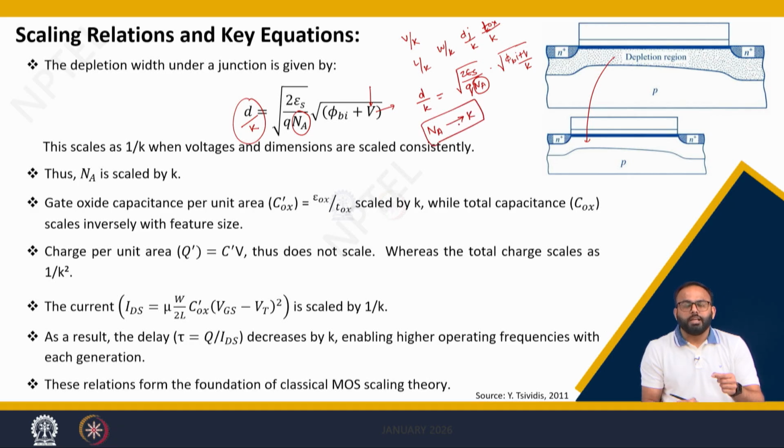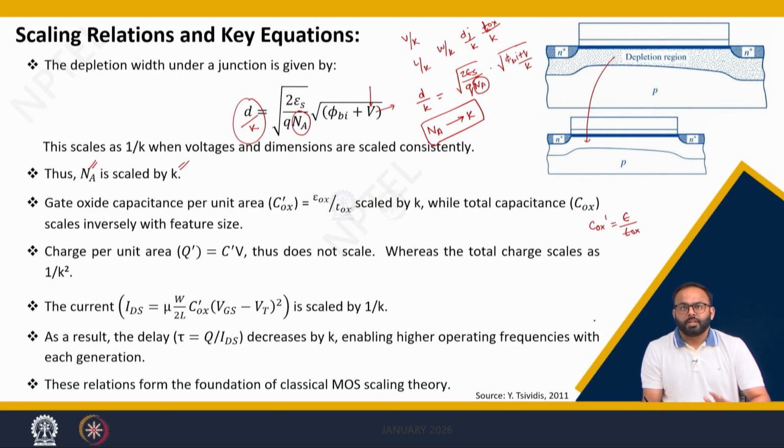So, I can simply say the voltage and the dimensions are scaled by 1 by k and the doping concentration is scaled by k. Likewise, we can find out what are the other parameters when you are going from long channel to short channel. For example, gate capacitance per unit area COX dash, which is nothing but epsilon divided by TOX.